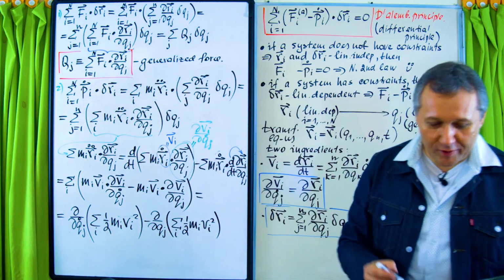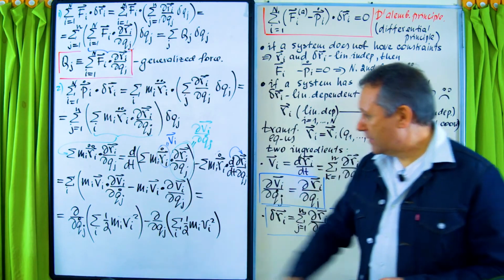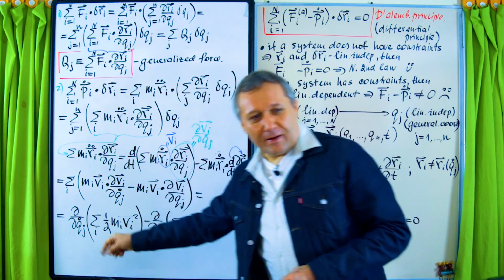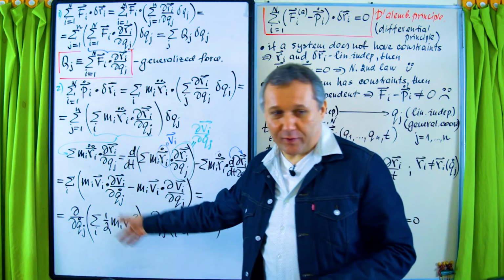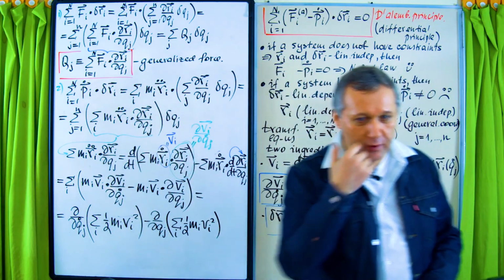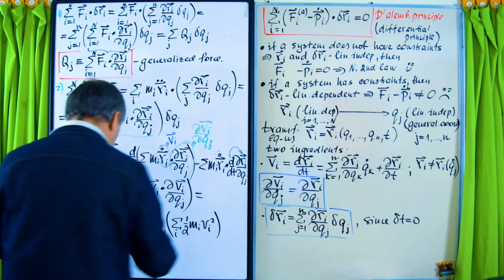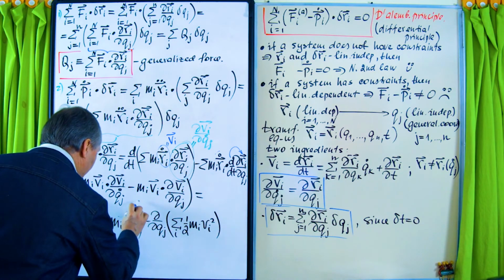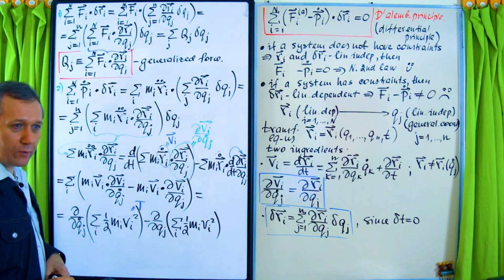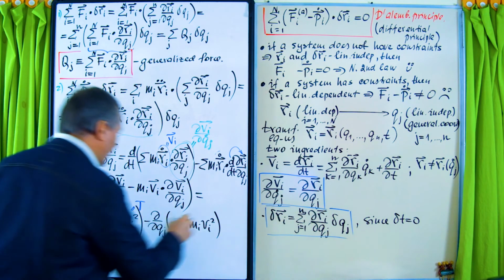Okay, so now we are naturally getting the total kinetic energy of the system. Because again, what are those vi's? Just the velocities of each of the particles in the system. All right? So this is the total kinetic energy of the system, not of one particle.